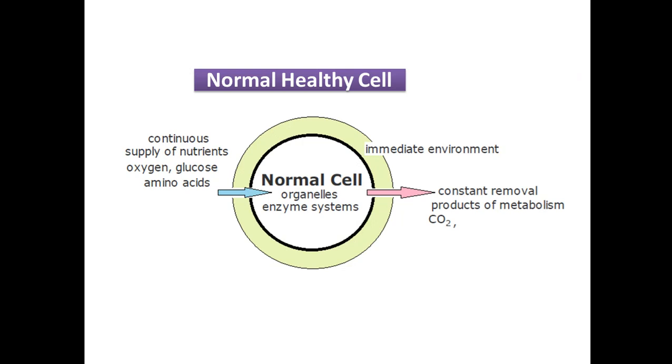For a normal cell to remain healthy and functional physiologically and anatomically, it must have a continuous supply of nutrients, oxygen, glucose, and amino acids. Internally, everything should be normal, starting from the nucleus to the cytoplasm, ribosomes, Golgi apparatus, endoplasmic reticulum.